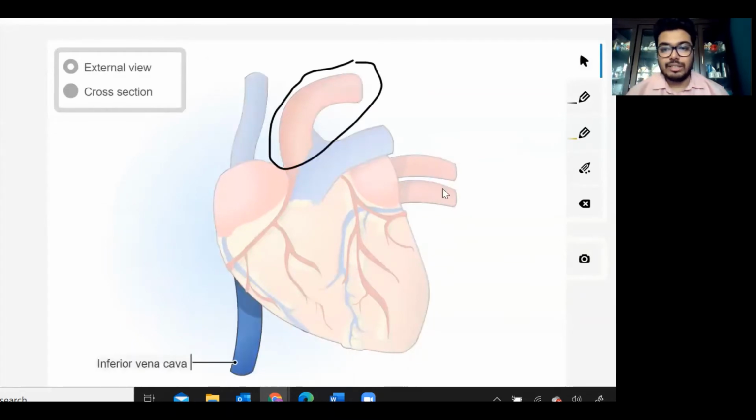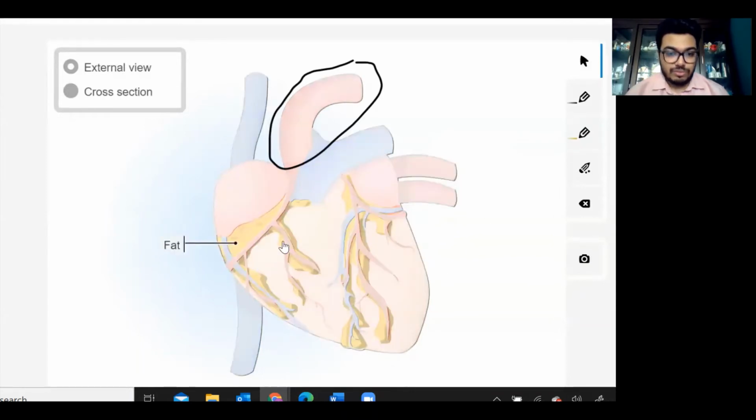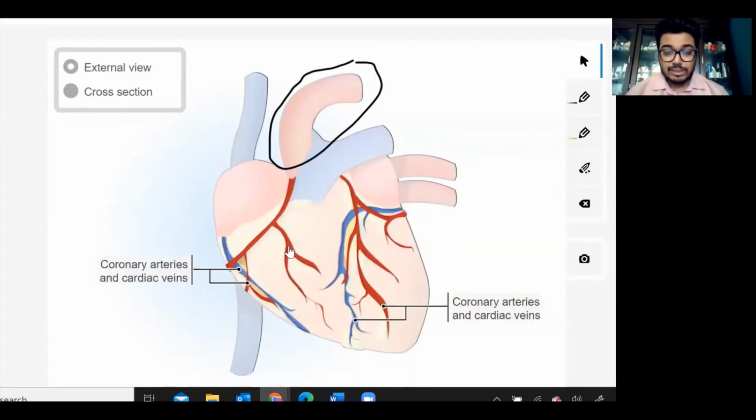This is the inferior vena cava, and then we can also see some fat layers. And of course, the teacher can explain the functionalities of the heart, what each of these parts do, why fat is important, how it helps in shock absorption, and many other ways.